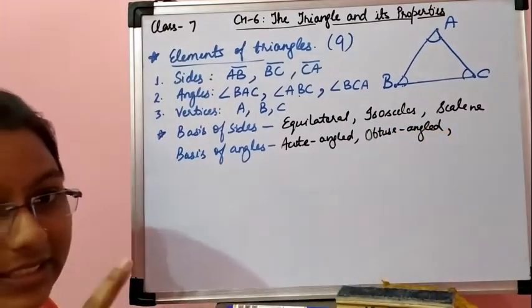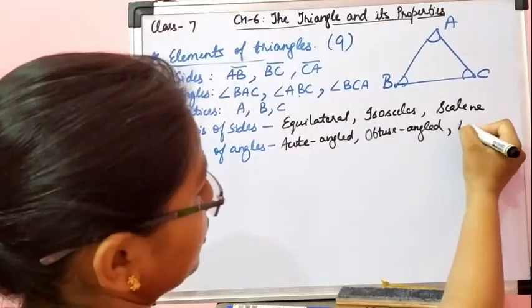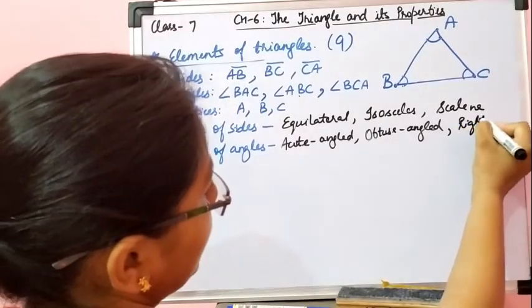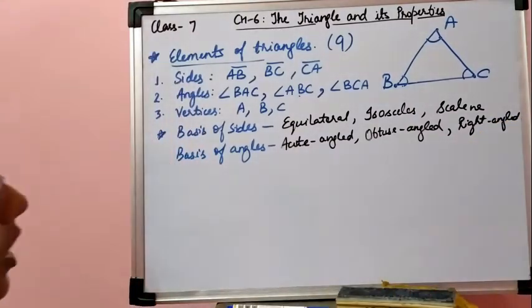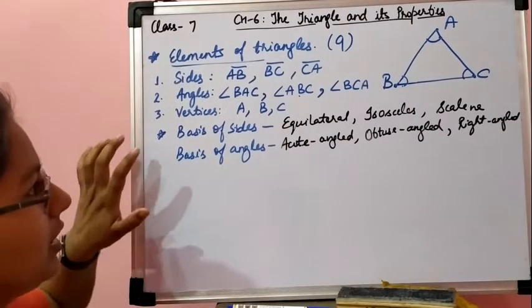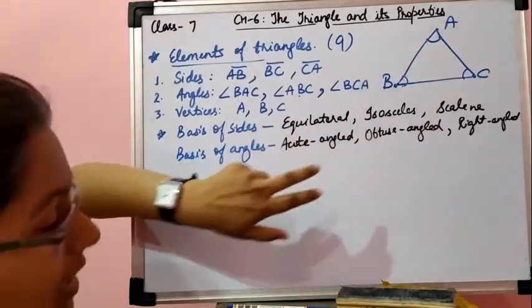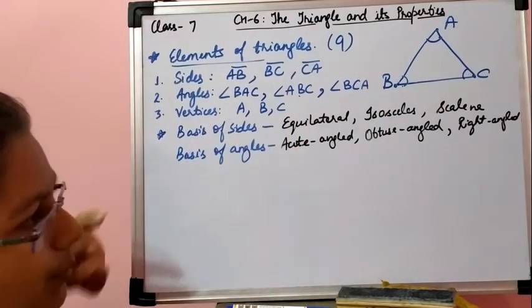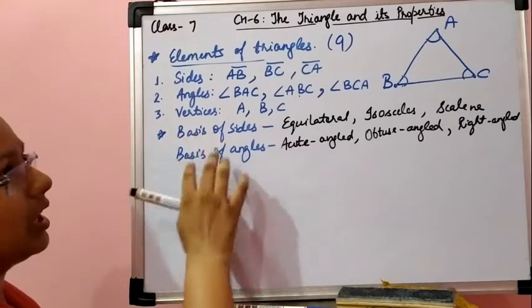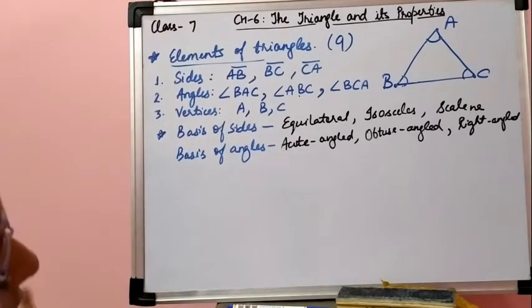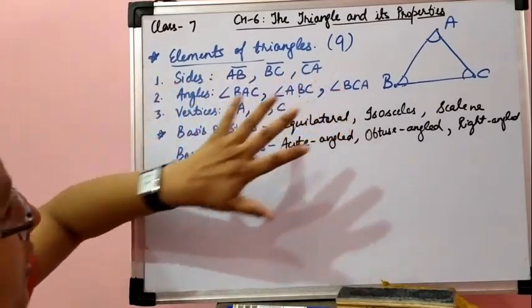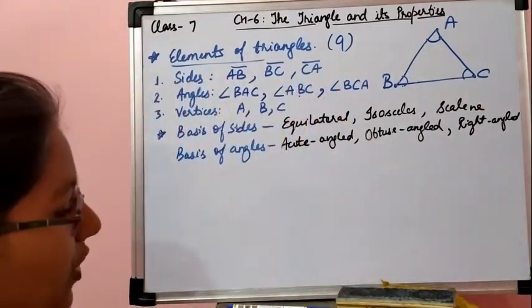If any one angle of the triangle is 90 degrees, then it will be a right angled triangle. So we have 6 types of triangle, 3 types on the basis of sides and another 3 types on the basis of angles. This is just a recap of whatever you people have studied in class 6. 9 elements of a triangle and different types of triangle.